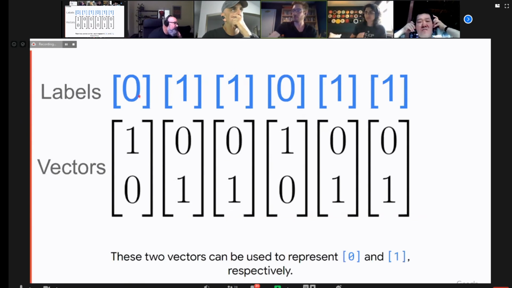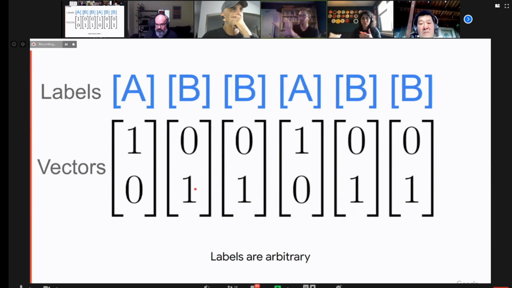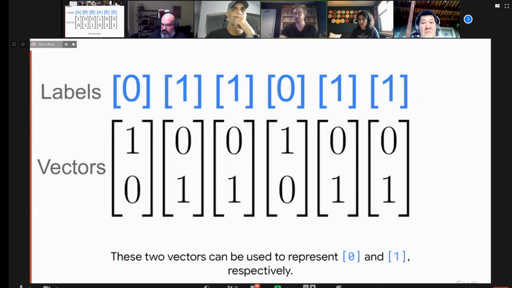So just to build up some muscle memory, here's a 0, and here's what that vector is. Here's a 1, here's what the vector is. I want to stress that these labels that you see in blue are completely arbitrary. They're just meant to be labels that stand for the vectors. Sometimes when we talk about vectors, I'll be showing the vectors. Sometimes as a shortcut for visual aid, I'll show these labels.